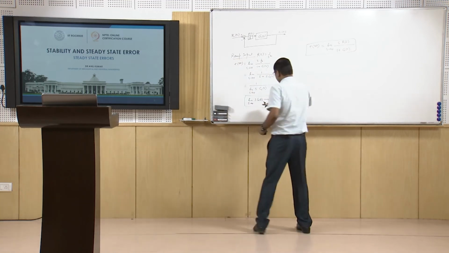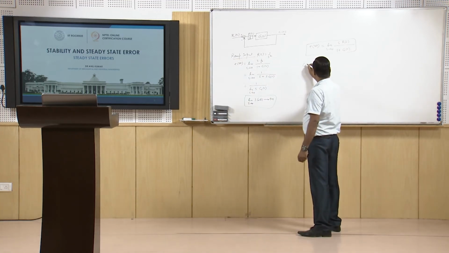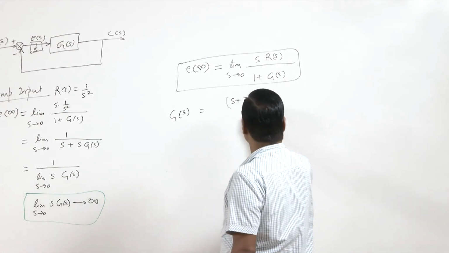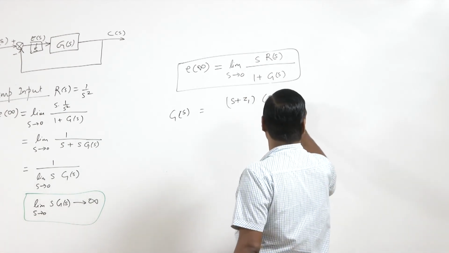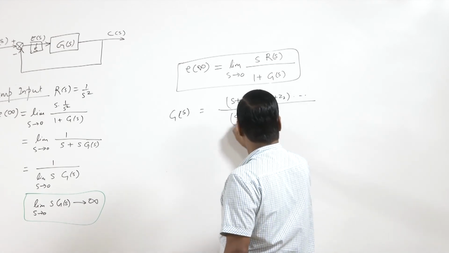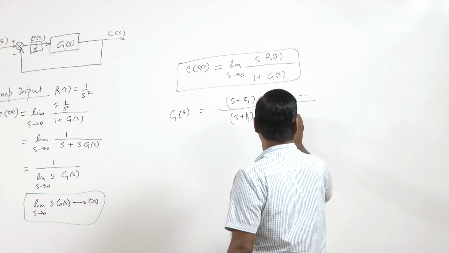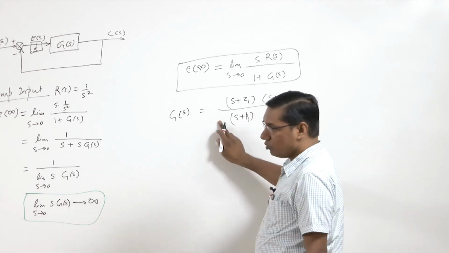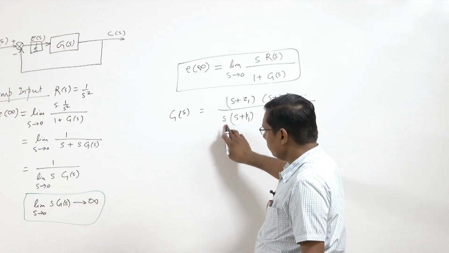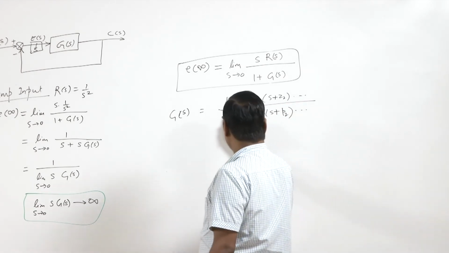Therefore G(s) must be in the form (s + z1)(s + z2) over s^n (s + p1)(s + p2).